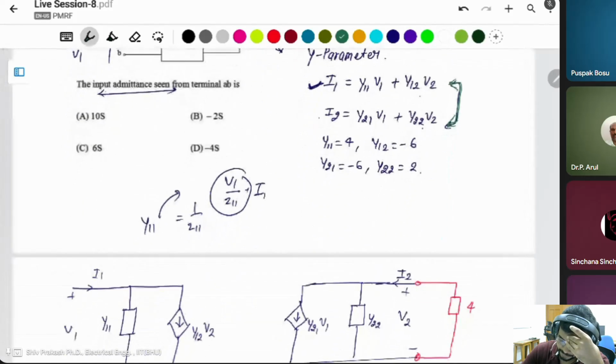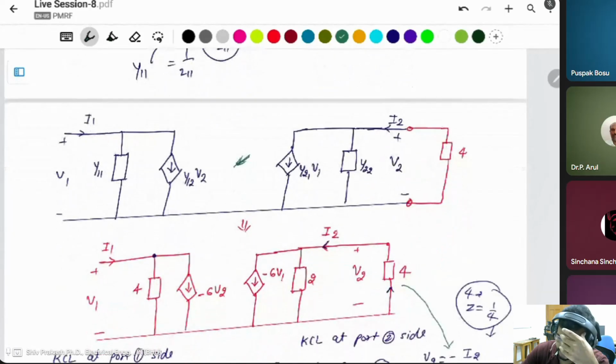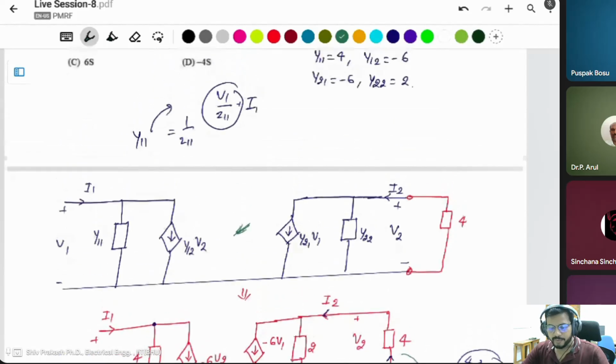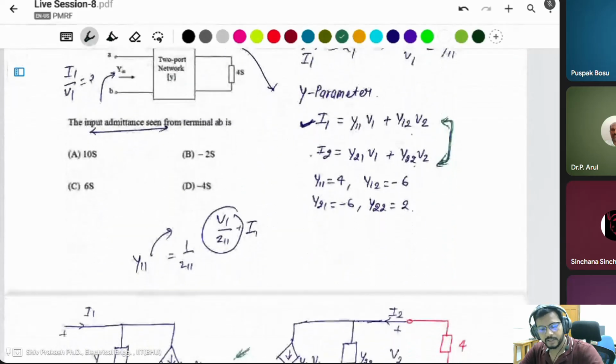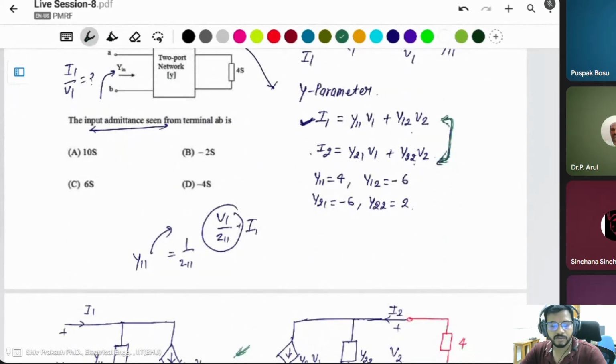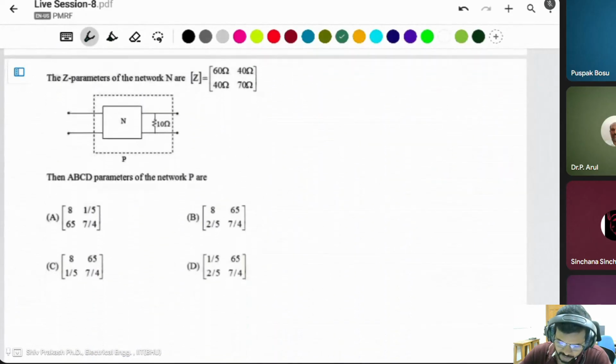Then after the circuit is there, you can apply KVL, KCL and find the final answer which is asked in the question. For this type of question, this is the simplest method to find the answer. Okay, let's try another question on the basis of this one.